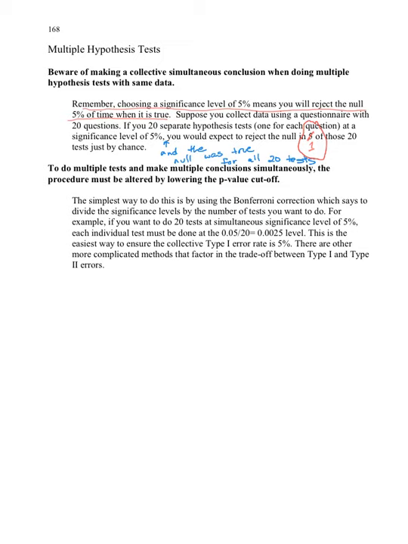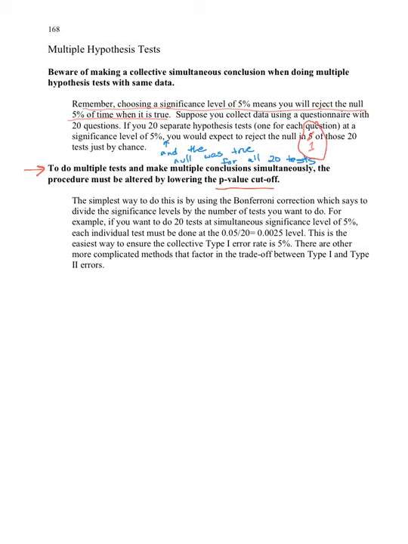So if you want to do multiple tests and make multiple conclusions simultaneously, the procedure must be altered by lowering the p-value cutoff. So the simplest way to do this, and we're not going to cover this in this class, but should you ever want to do this at some point in the future, is by using something called the Bonferroni correction, which says you simply divide the significance level by the number of tests you want to do.